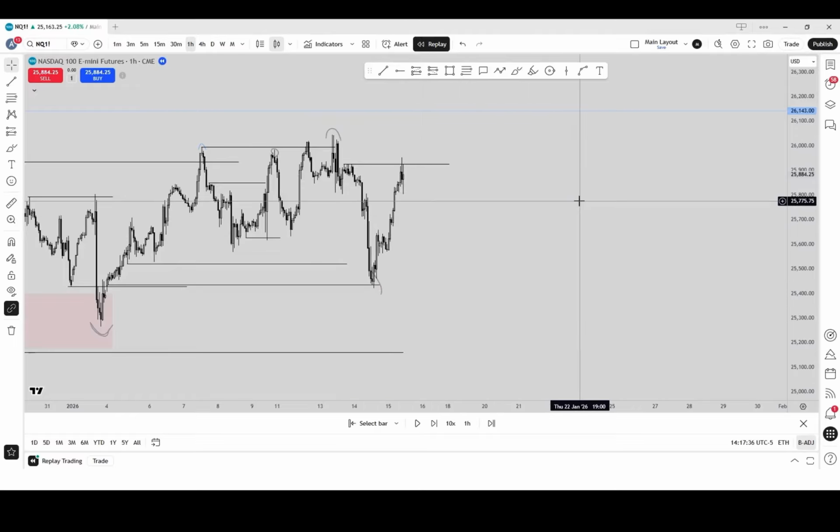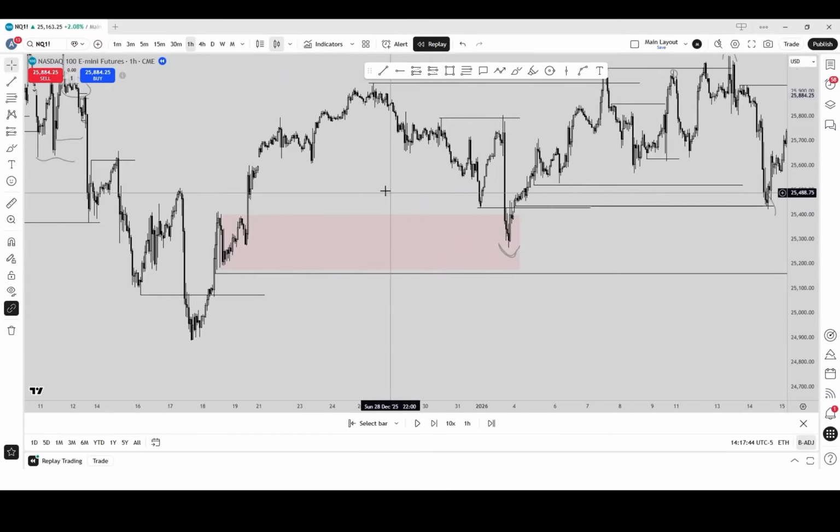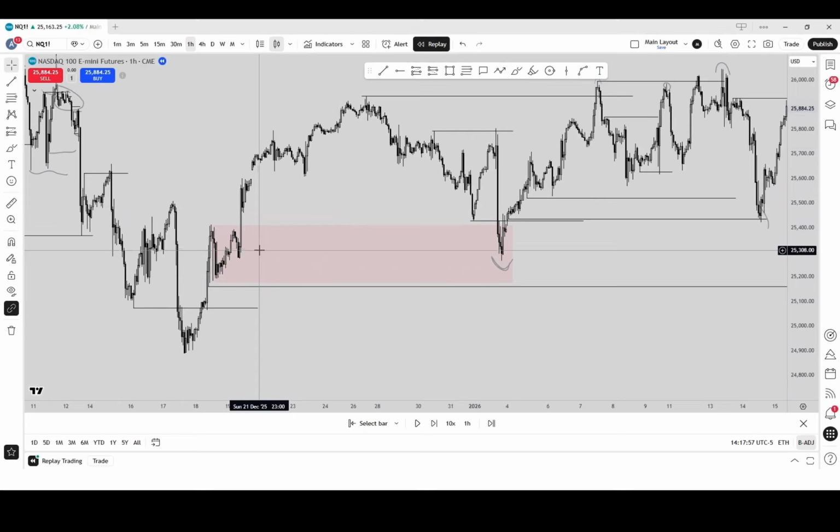How do we identify how big the red area is going to be? Just look at the low or the high. I mean, you could draw it all like that. I'd say it depends on the person. I just like to mark out the whole area, kind of like a POI.